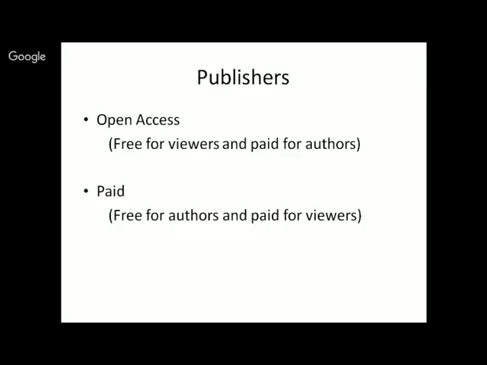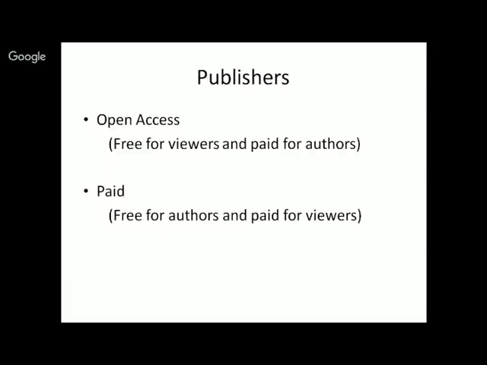The other one is the paid category, that is free for authors. Authors need not pay any amount for publication, but if you want to see the papers that have already been published by other researchers, then we need to pay, or we need to have access to these publications.